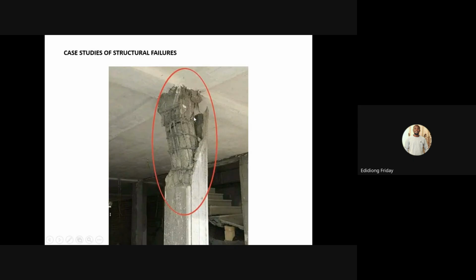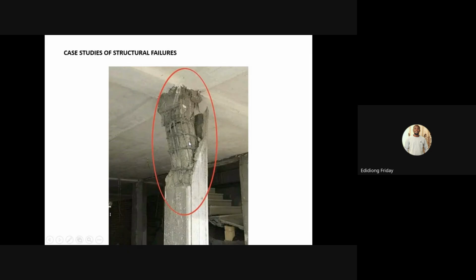So for the next case study, because our time is already well spent, this is as a result of buckling. You can see it's bent. Remember when we discussed buckling? It's buckling because the compressive stress acting at the top here has exceeded the compressive strength of this column.